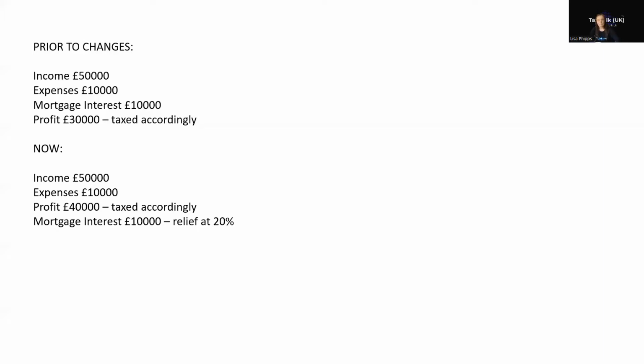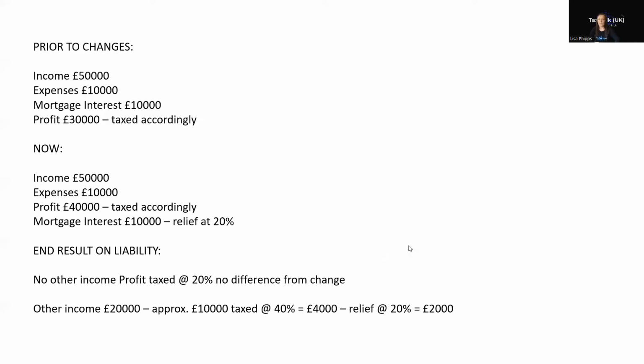So if that pushes you into the high rate tax threshold, then that element above the threshold will be taxed at 40%. And then you get tax relief on the mortgage interest of £10,000 at 20%, regardless of what you were taxed on your profit. So here you start to see how the difference impacts us.